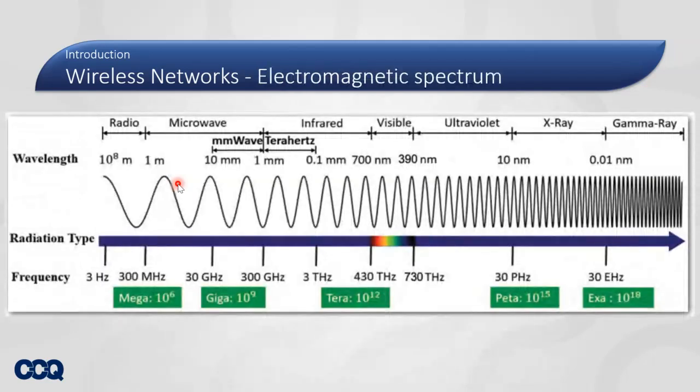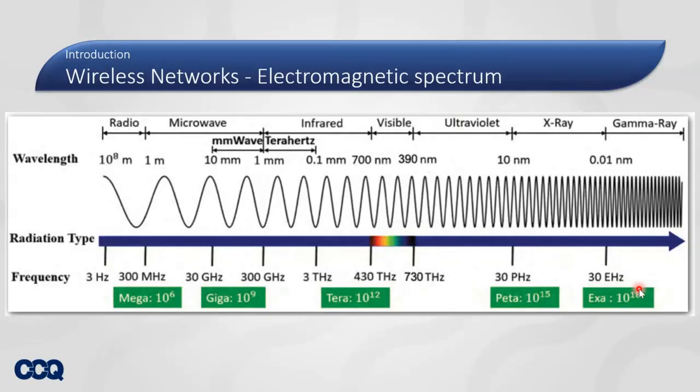So let us continue. This is the electromagnetic spectrum. Here you can see the spectrum from frequency equal 3 hertz to 30 hertz. You can see in the spectrum as the frequency increases, as the number of oscillations increases, wavelength decreases. So when the frequency is 3 hertz, the wavelength is 10 power 8 meter.